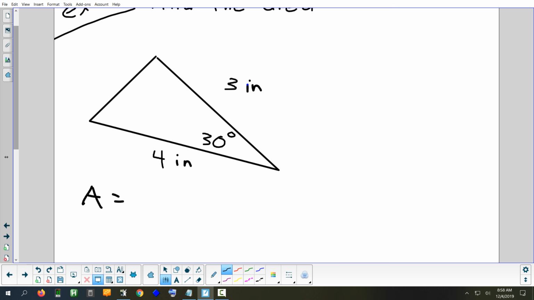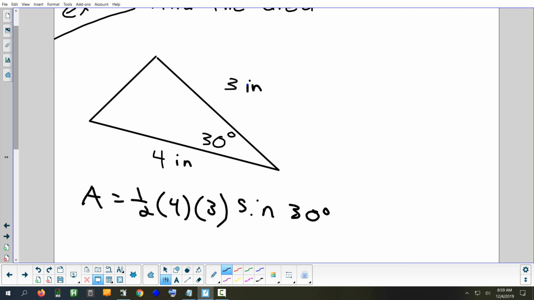So let's set up the formula for our area. Okay, how about someone besides Andrew this time? Can someone tell me what my formula is going to be? Half. Yeah. And then 4 times 3. So 1/2 the product of the two sides. Yep. And sine theta. Yep.